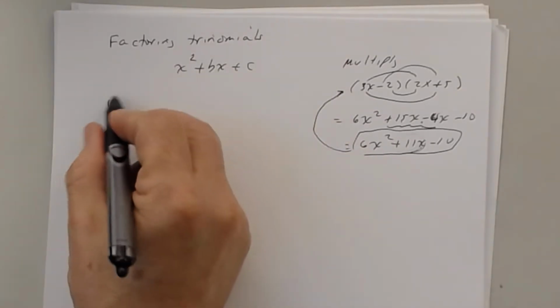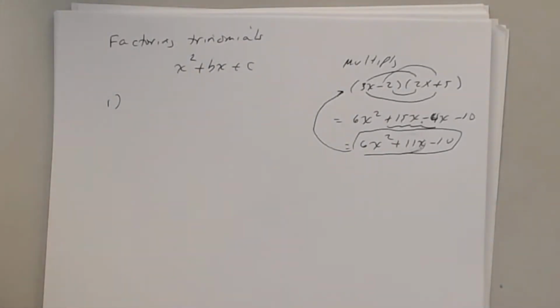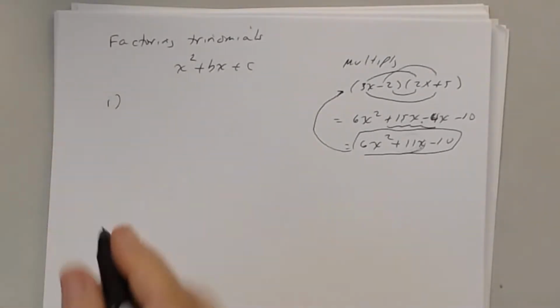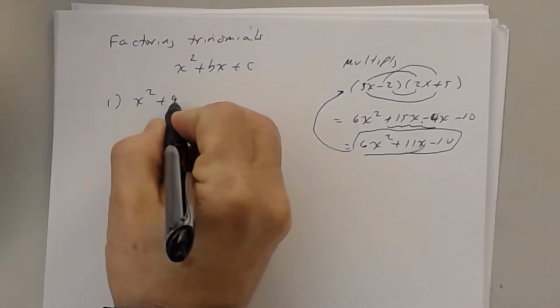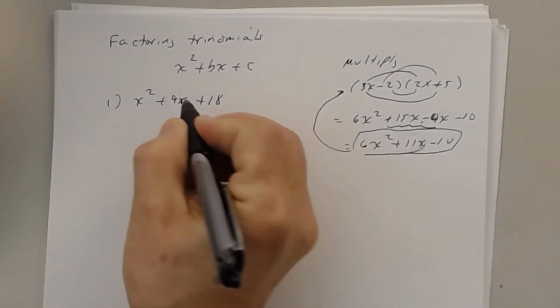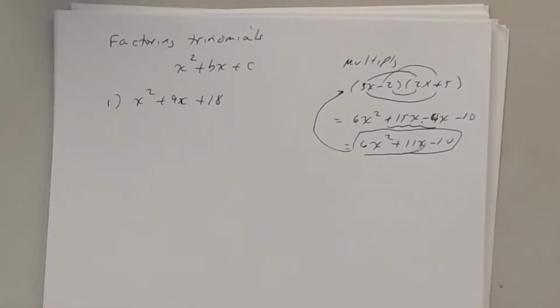Okay, so let's look at the first problem, number 1. Suppose we had x squared plus 9x plus 18. Okay, now remember you want to end up factoring this as 2 binomials.